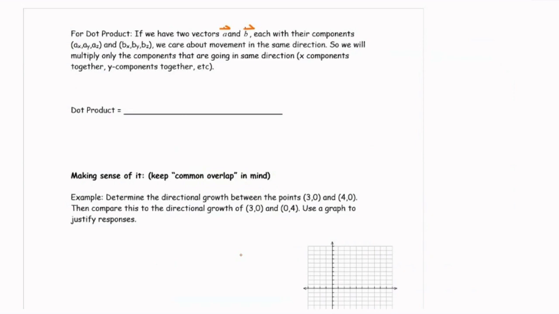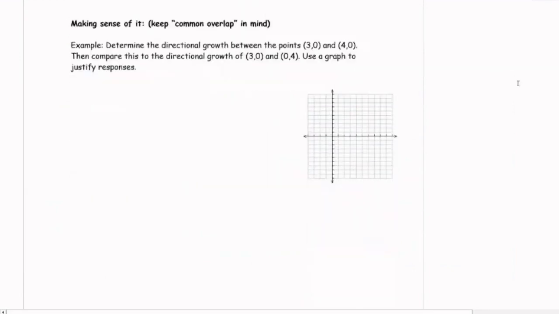So we will multiply only the components that are going in the same direction, like I showed up above, the X with the X, the Y with the Y, etc. So for the dot product, we have AX times BX plus AY times BY plus AZ times BZ. And after you add them all up, that is considered the scalar quantity for the dot product.